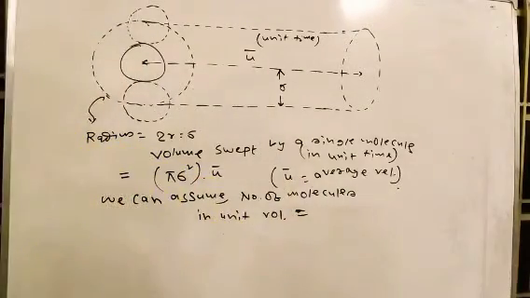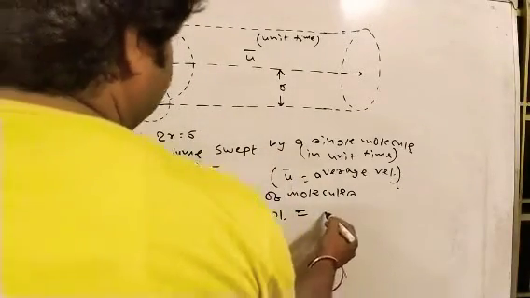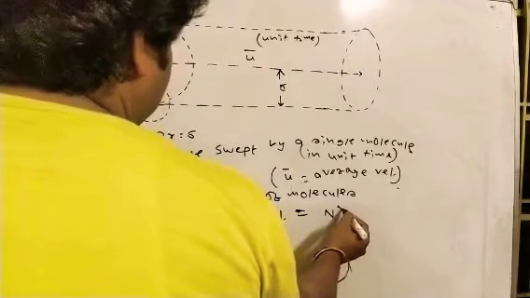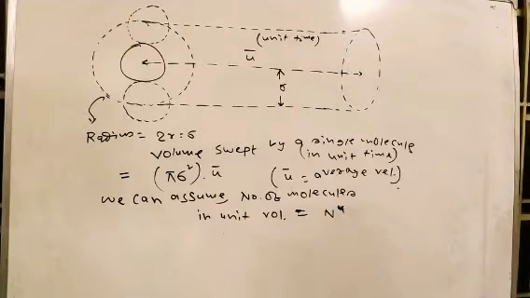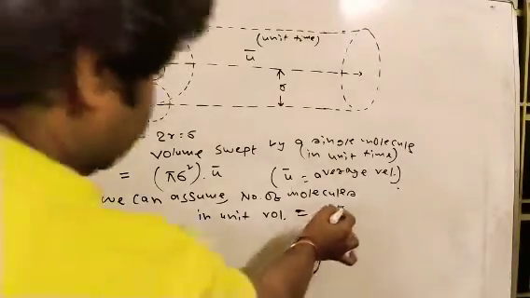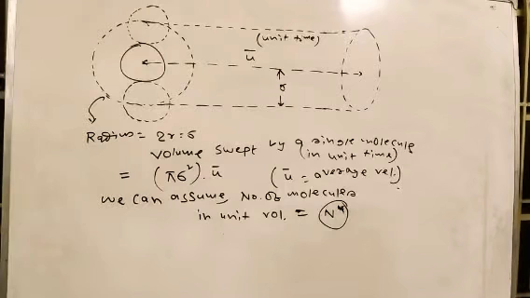So let us consider this as n star. We can assume the number of molecules present in unit volume is equal to n star. So now think, what is n star? Number of molecules in unit volume.